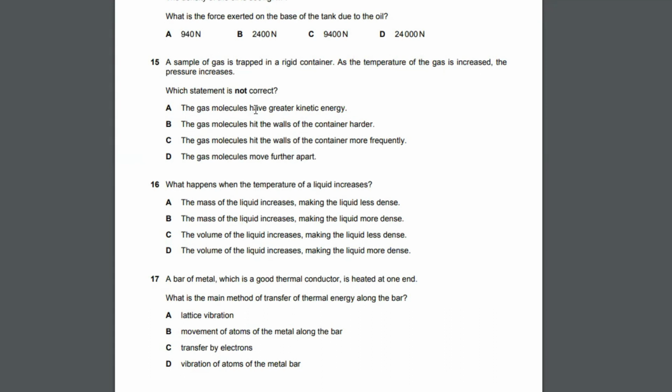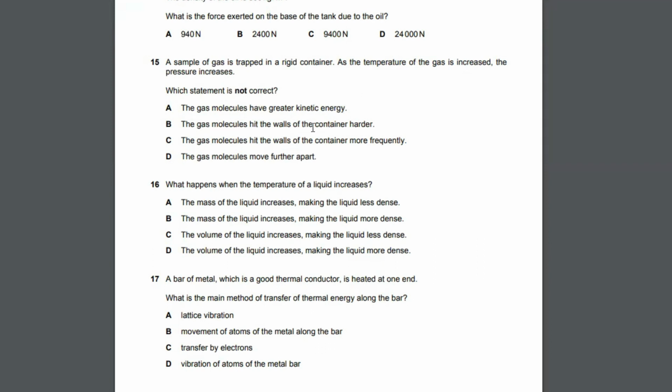So the gas molecules have greater kinetic energy. If the temperature has increased, the speed of the gas molecules has also increased, so their kinetic energy has also increased. So this is a correct statement.